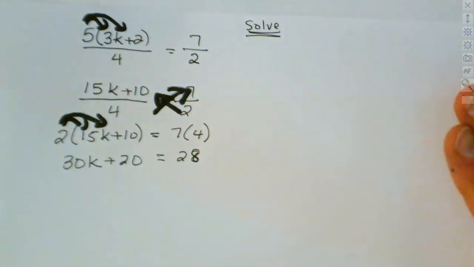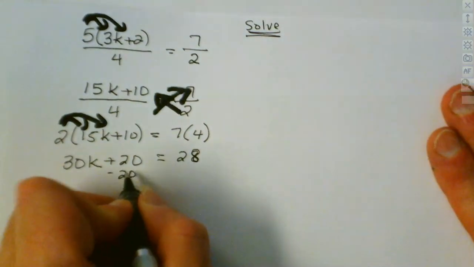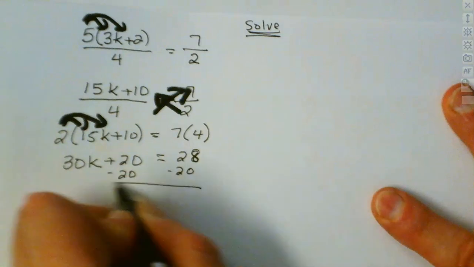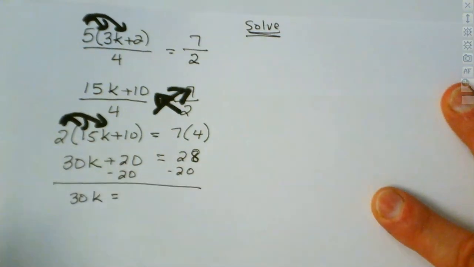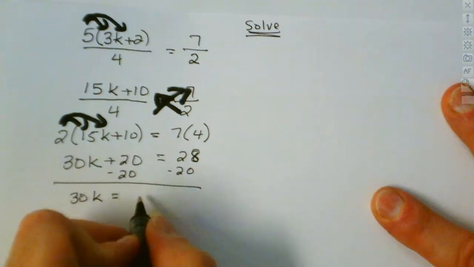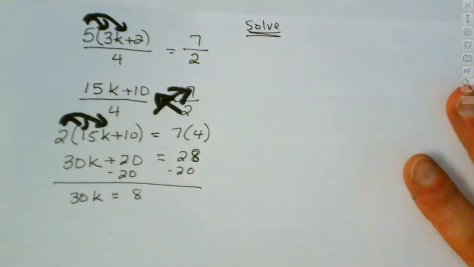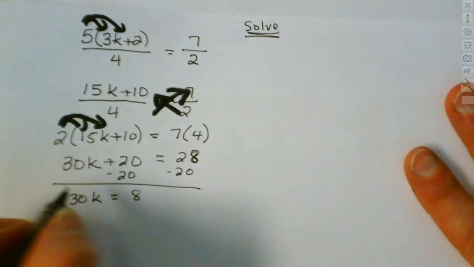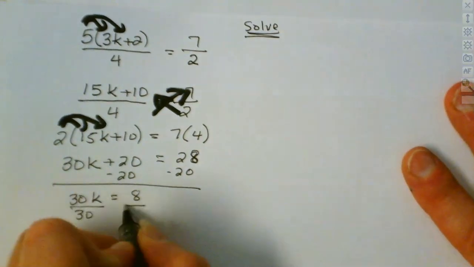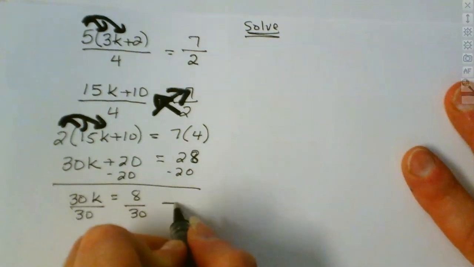Okay, and we can solve it. So move that 20 over. And we now have 30k equals 28 minus 20. That makes it an 8. And what's my last step going to be here? Divide by 30. And we got to reduce, because these reduce down.